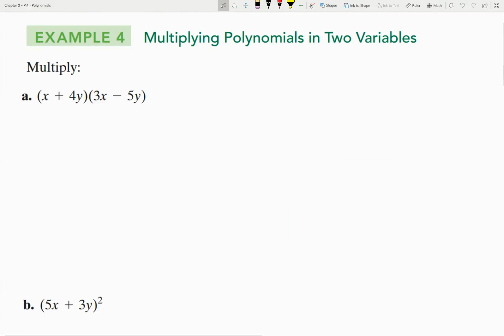So now let's multiply some polynomials with two variables. And we can start with this one. Let's FOIL it. So we will go first, which is 3x squared, outside, minus 5.